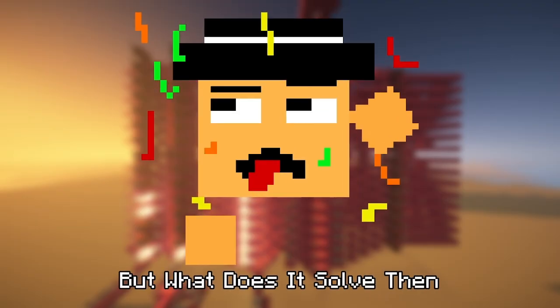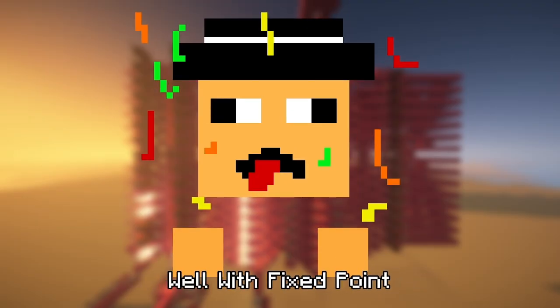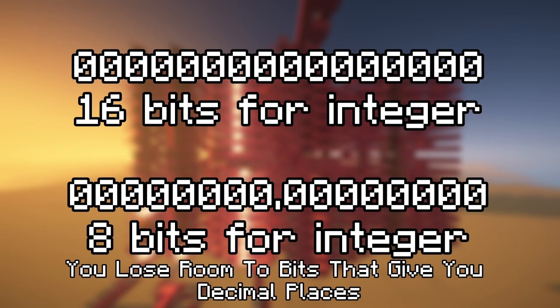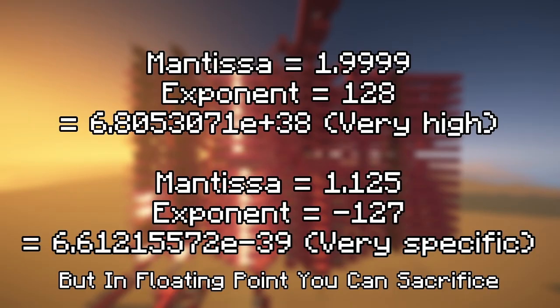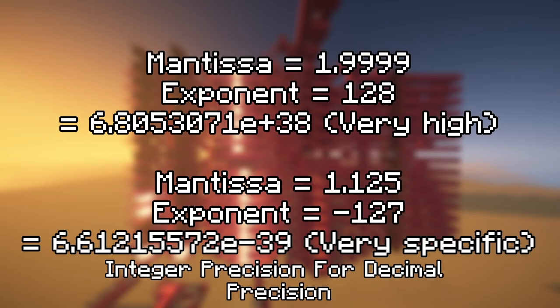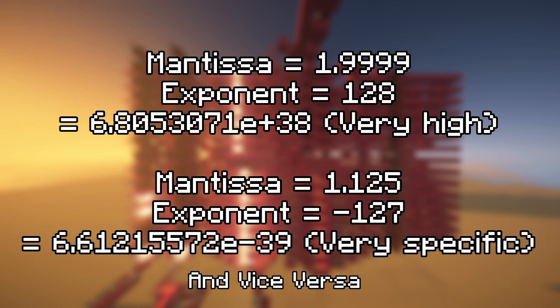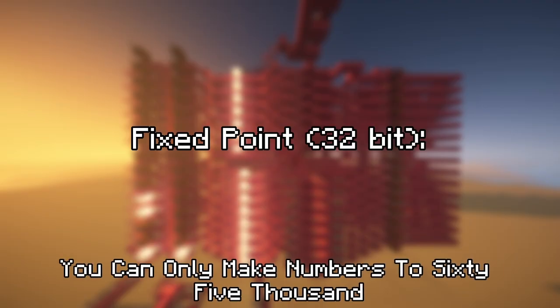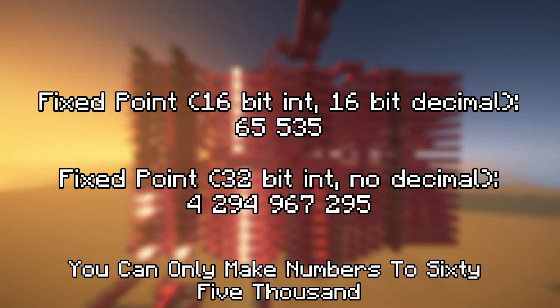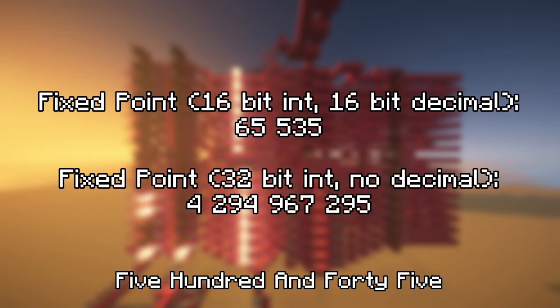But what does it solve then? Well, with fixed point, you lose room to bits that give you decimal places. But in floating point, you can sacrifice integer precision for decimal precision, and vice versa. Look at this. In fixed point, with 32 bits, you can only make numbers to 65,535.